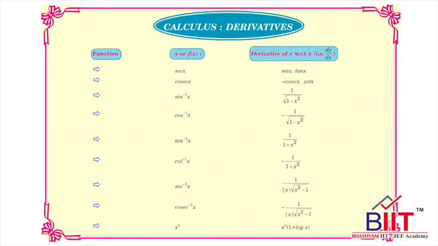Secant inverse x, 1 by mod x root of x square minus 1. For cosecant inverse x, minus 1 by mod x root of x square minus 1. And for x power x, the derivative is x power x into (1 plus log x to the base e). We will discuss this x power x in logarithmic differentiation again. You just go through all these formulae, and try to memorize them to solve problems very easily.